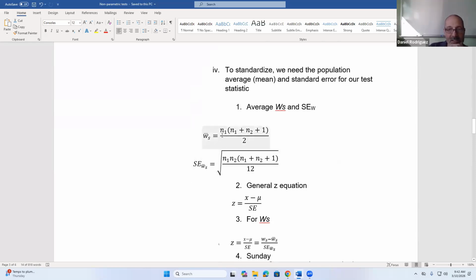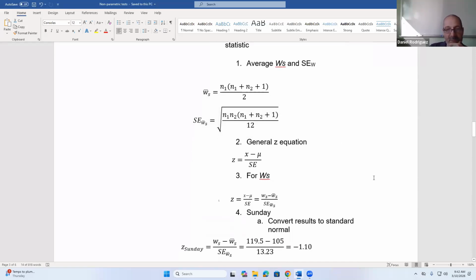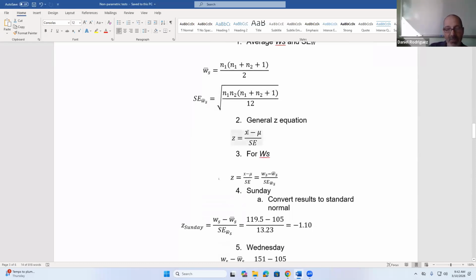It's the number of individuals in group one, again, it doesn't matter which is which, times the number of individuals in group one plus the number of individuals in group two plus one, divided by two. So that's our average. And then our standard error is kind of a play on this value here. Our general Z equation would be X, in this case our W, minus the mean, divided by the standard error.